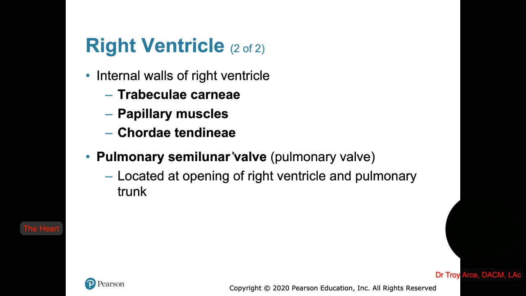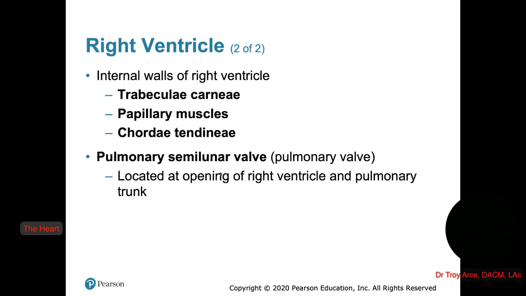The internal walls of the right ventricle have the trabeculae carneae, the papillary muscles, and the chordae tendineae. And these are actually tendons within the heart. These are muscles. And the trabeculae carneae is a piece that I'll show you when we open up the heart and we teach valves.